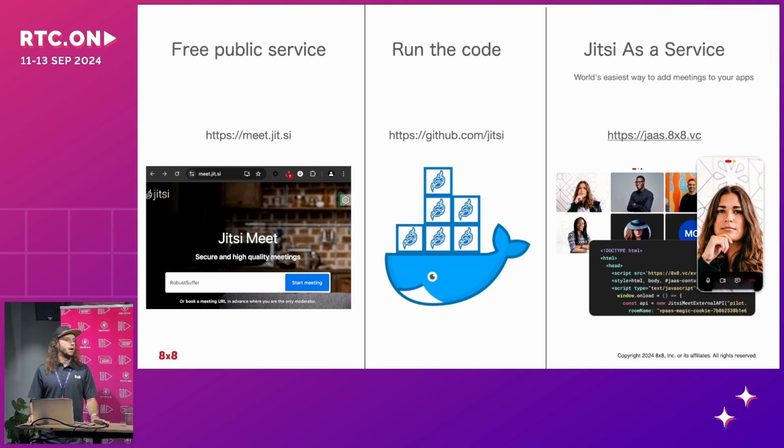Nowadays, we have Docker containers for everything, so it's pretty easy to get started. Just go to the Jitsi.org on GitHub, and you should be able to find your way around. Finally, we have the Jazz service, which is our hosted service that can be easily embedded. So we solve some of the problems for you, such as high availability, scaling, geolocation, and so on.